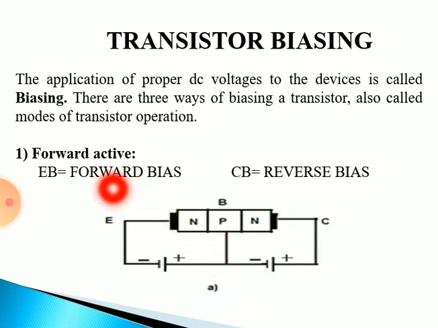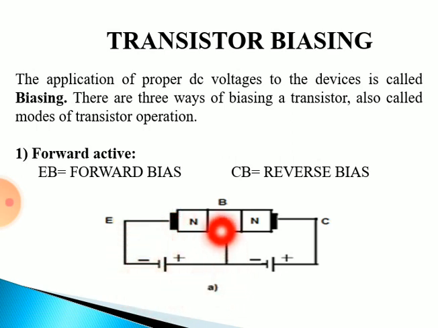In the forward active region, your emitter base junction is made forward biased and your collector base junction is made reverse biased. How? When you connect your N to the negative of your voltage and P to the positive of your voltage, we say that this junction is forward biased.